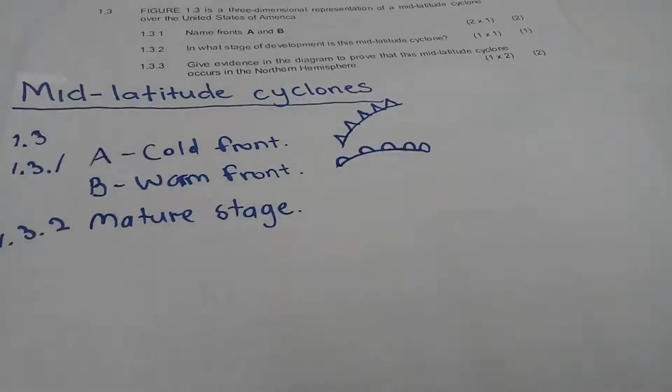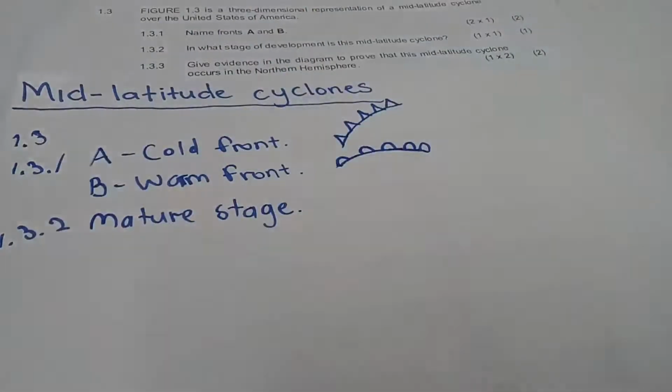This is whereby we can see the cold air became dominant on the ground, right? In the mature stage, the cyclone begins to move in a clockwise direction, and it starts to move from west to east.